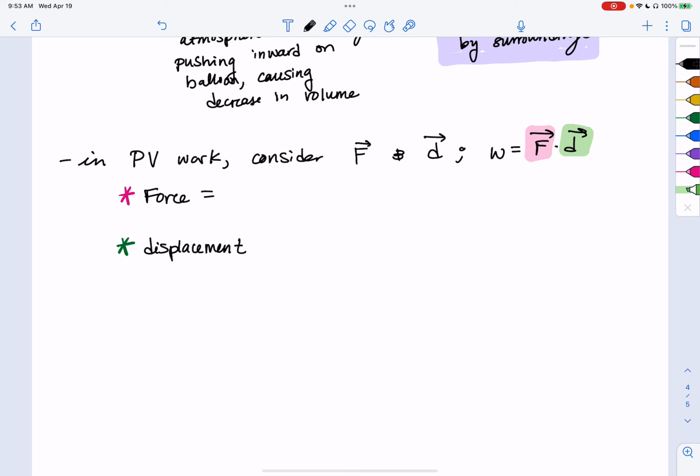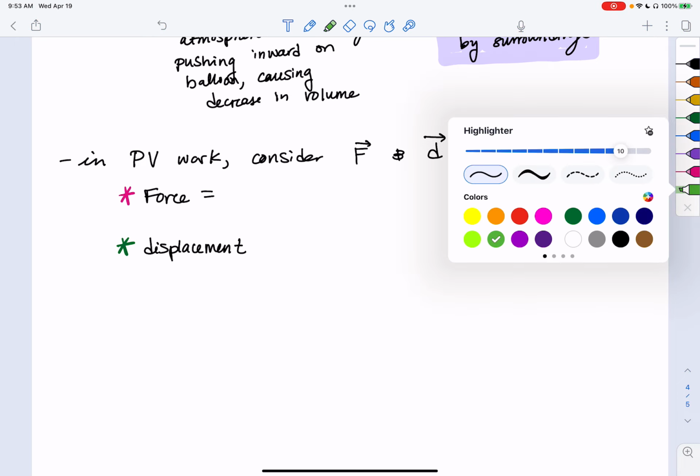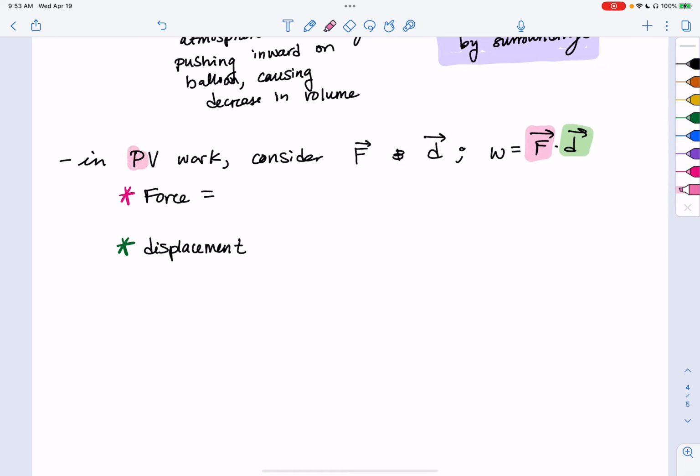In pressure volume work, the force here is going to be the pressure. I've decided I'm not going to actually derive this. I can show it to you if you want to come see some physics in my office. But in general, you can understand that pressure itself is a push or a pull. Probably you think about pressure as a push. Like if you think about feeling bloated, you feel that push on your intestines and it doesn't feel good. So pressure is going to be our force.